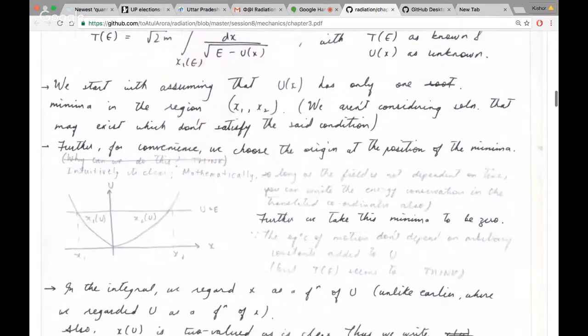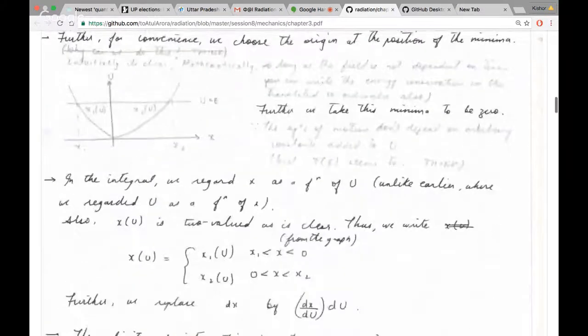So in the integral, we regard x as a function of U, unlike earlier, where we regarded U as a function of x. Also, x of U is two-valued, as is clear from the graph. Then we write x of U equal to x1 of U for x greater than x1 and less than 0, and x2 of U for x less than x2 and greater than 0.